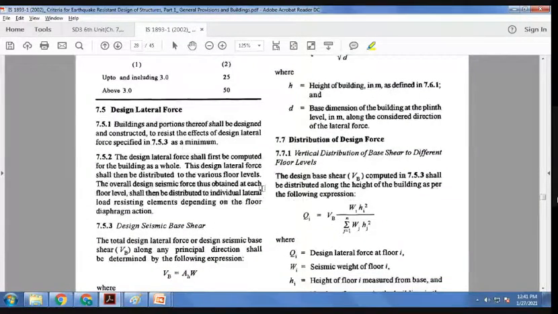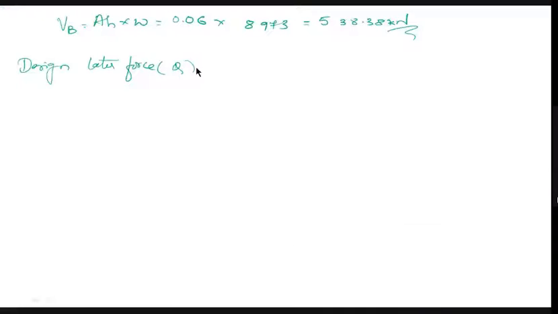Q equals what? VB into WI HI square divided by summation of WI HI square. So just split the formula and make a tabular column.